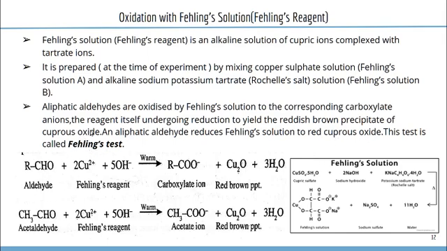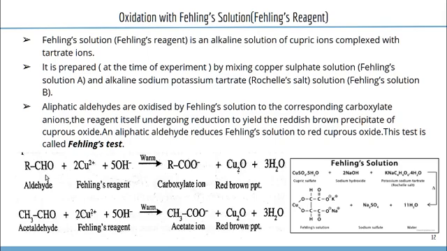So when we treat an aliphatic aldehyde with Fehling solution, the aldehyde will undergo oxidation to the corresponding carboxylate anion. Then the reagent Fehling solution will undergo reduction to a reddish brown precipitate of cuprous oxide.